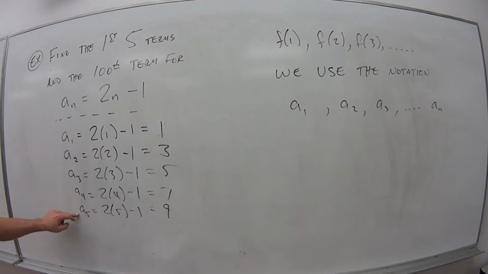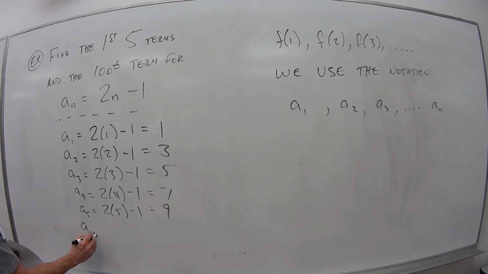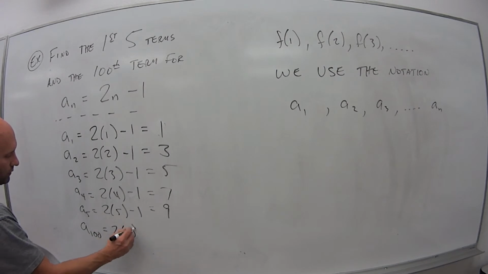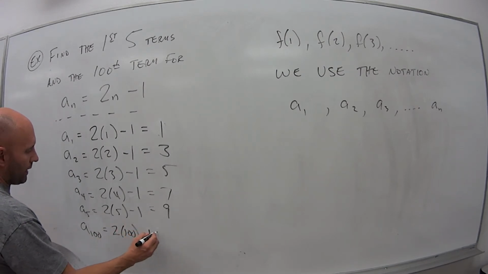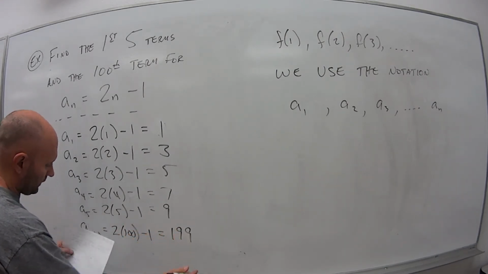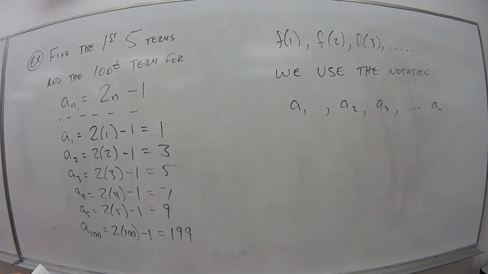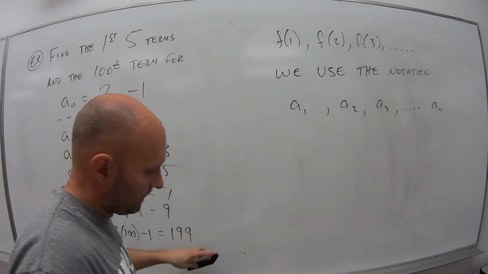So that's our first 5 terms, and then it wants the 100th term. So it wants A100. So that's just 2 times 100, which is 200, minus 1 is equal to 199. So that's if we're given our function, we want to find a specific term.